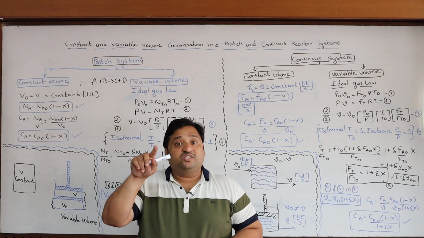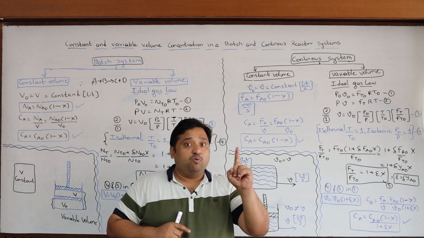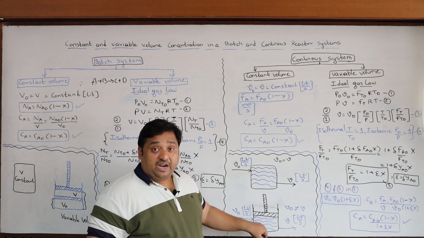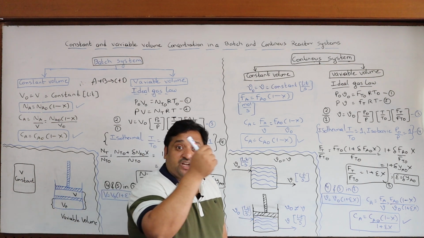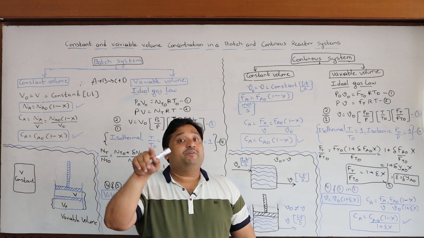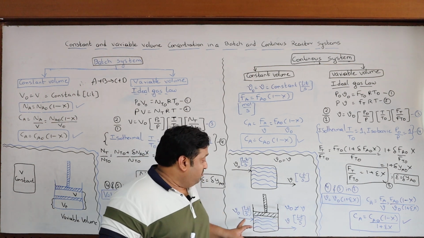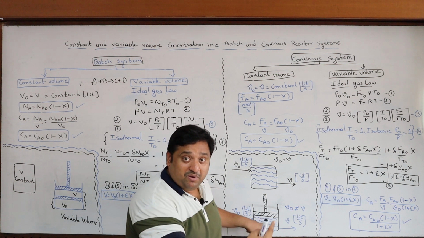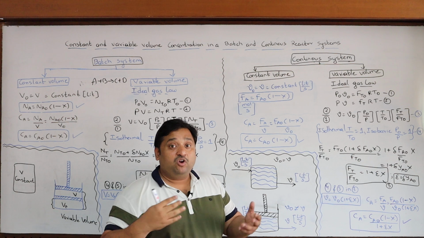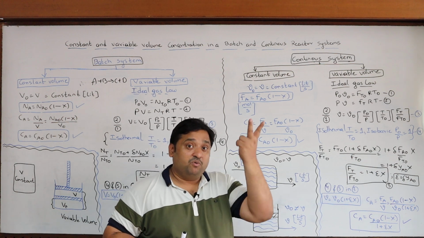Example, A gives rise to 2B, that means 1 mole of A gives 2 moles of B. Before going into the reactor 1 mole per second enters, and after the complete reaction 2 moles per second come out. You can see the volumetric flow rate is doubled here.